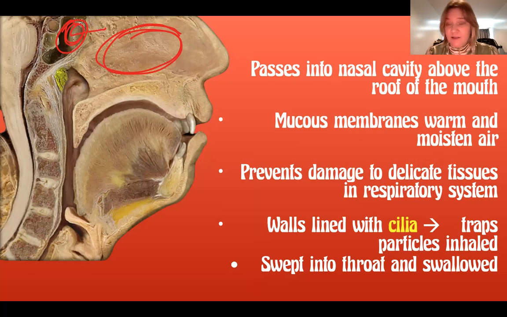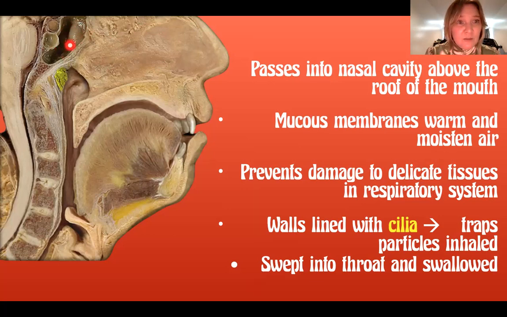So these are mucous membranes. They warm and moisten the air, and your entire respiratory tract is lined with mucous membranes because the air that goes into your lungs has to be warm and moist.